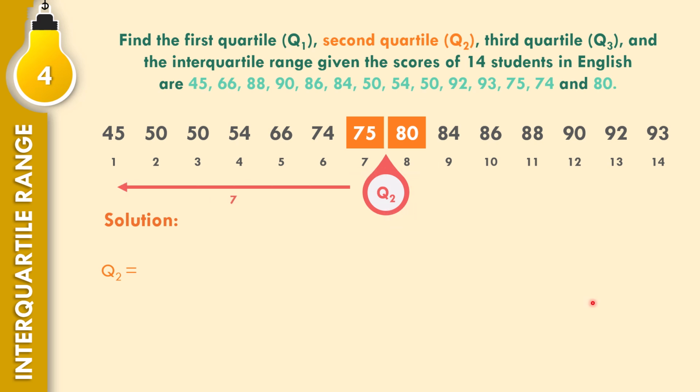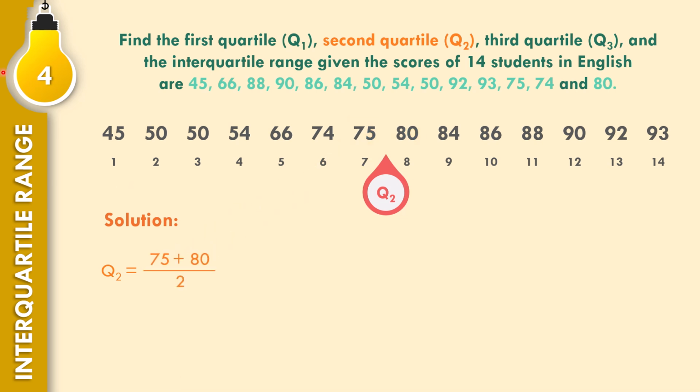So this is the lower half and then the upper half. So let us solve for the quartile 2. That is 75 plus 80 divided by 2, 155 divided by 2, the answer is equal to 77.5.